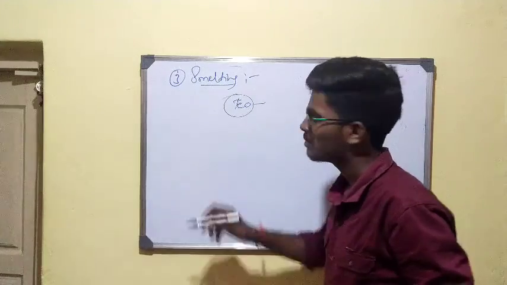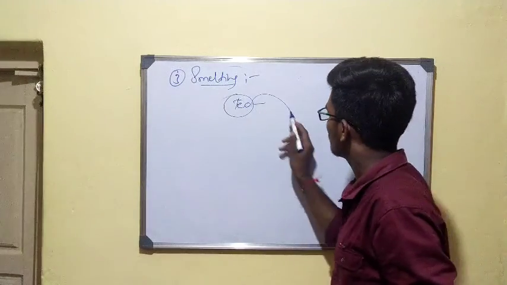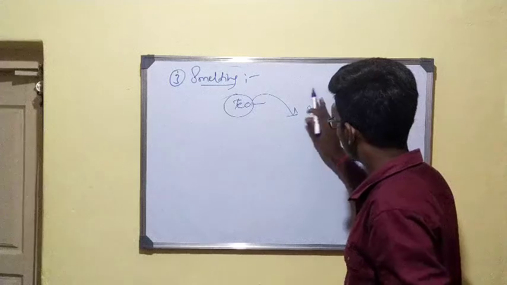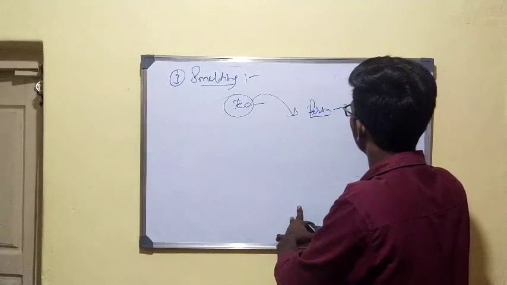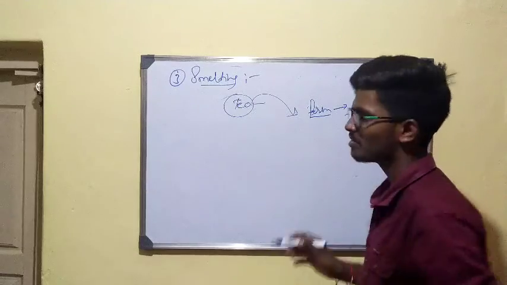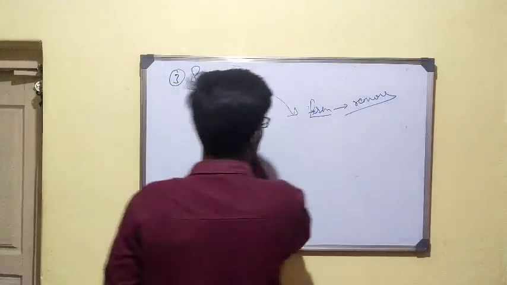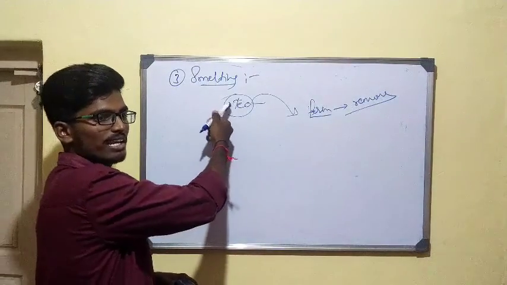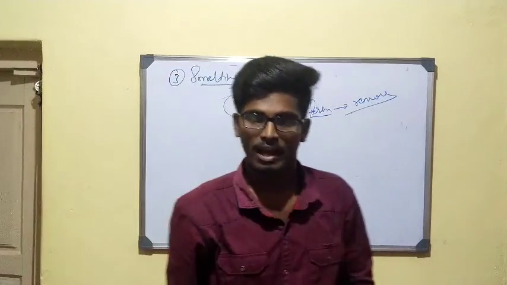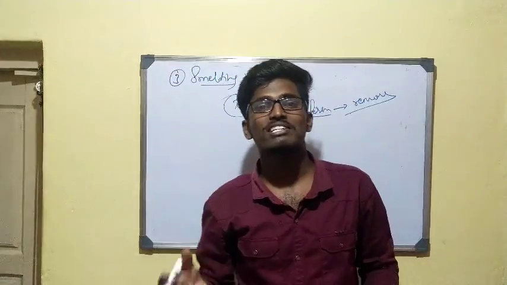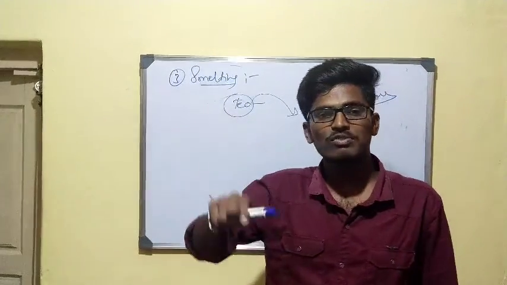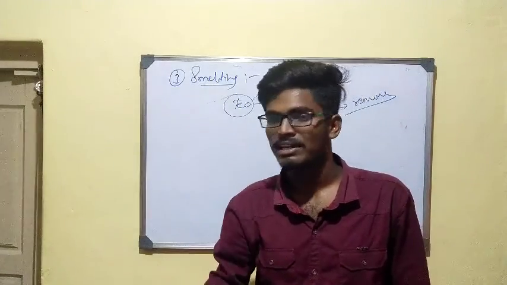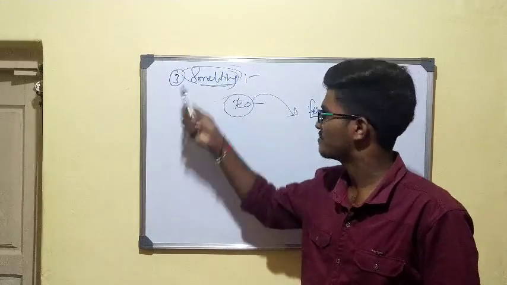I don't need this iron oxide, so I have to convert it into another form, because I can't remove it as iron oxide. I convert it into slag, and I can remove the iron oxide in the form of slag. That is done by the smelting process.